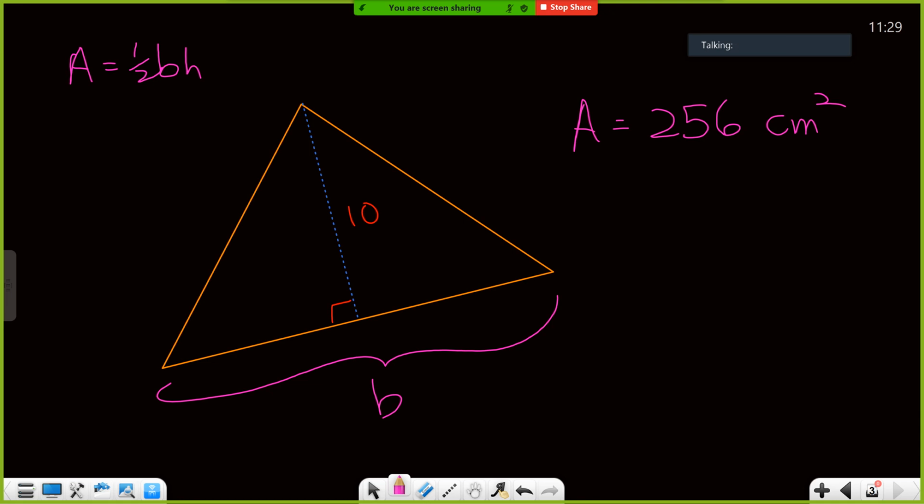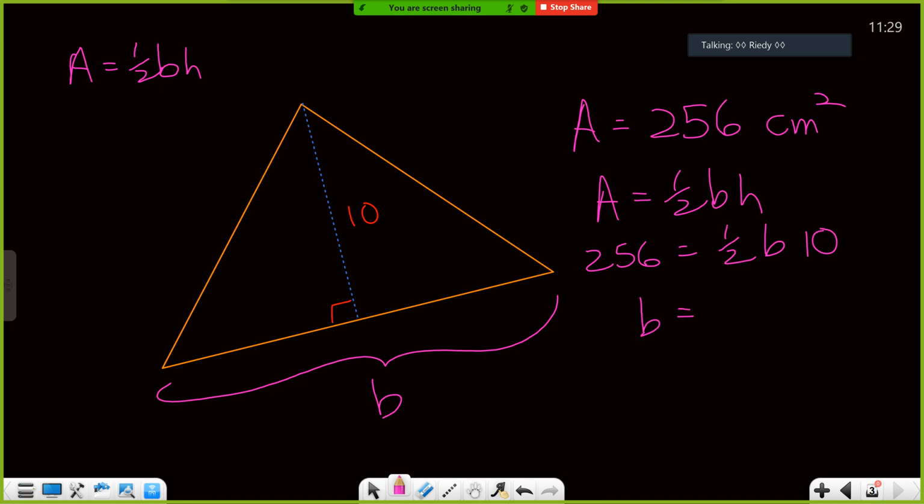I think it's 51.2. Affirmative? Beautiful. Area is equal to 1/2 base times height. So 256 is equal to 1/2 b times 10. And I'm assuming you did, what did you say, 51.2. Units?